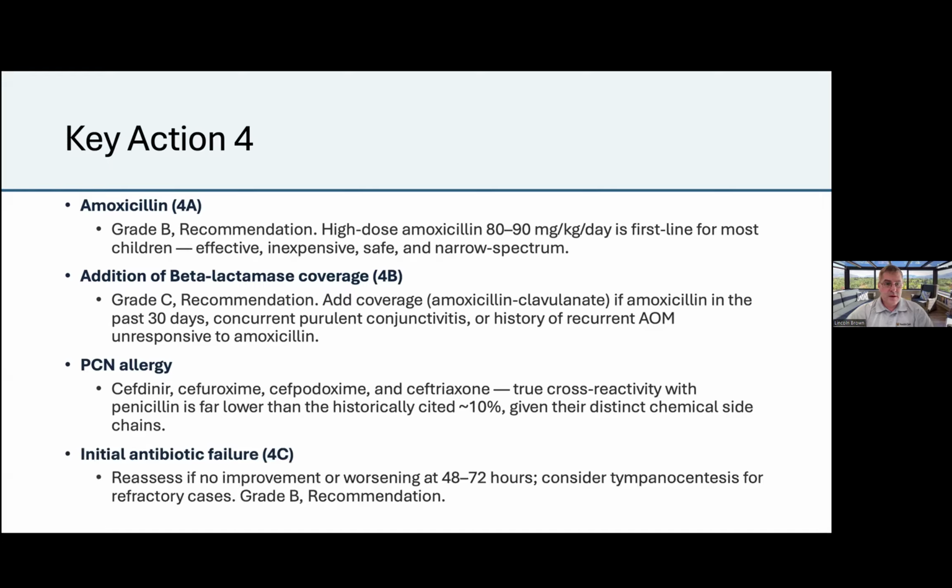And if there is antibiotic failure, reassess after 48 hours, the definition being no improvement or worsening symptoms. You can either change antibiotics or drain the fluid if that were the decided upon treatment course.